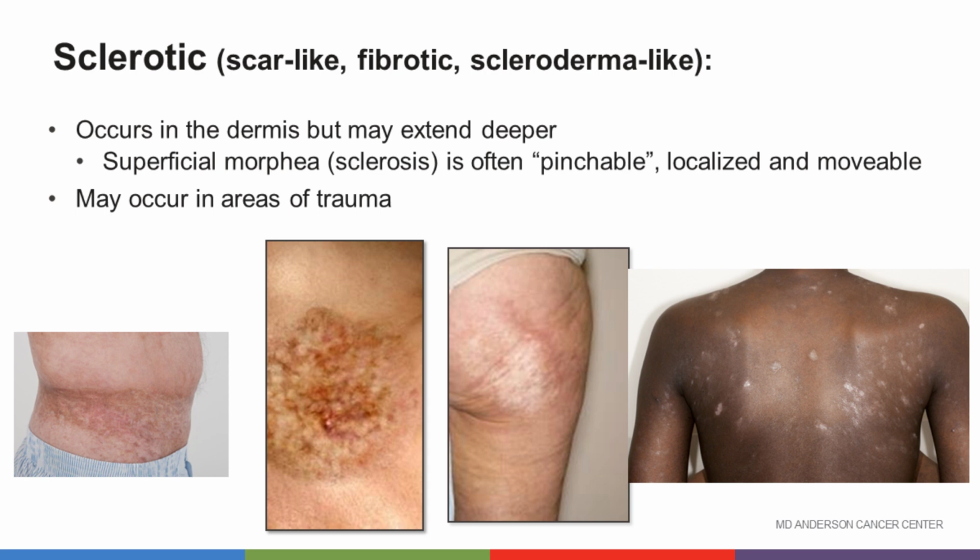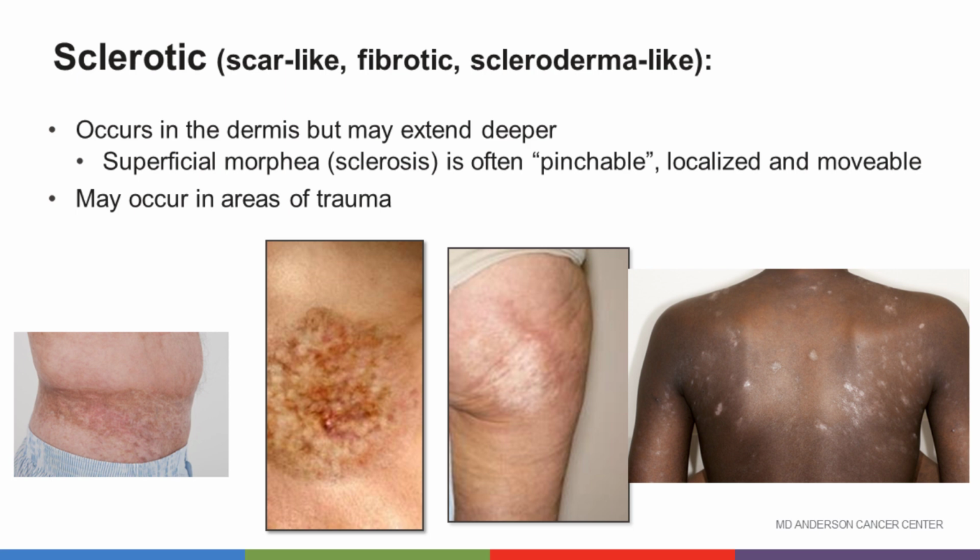So the patient on the left has a superficial sclerosis where the waistband was. The second patient has a superficial sclerosis where they had a line. The third patient over shows superficial sclerosis. You can move that skin over the overlying tissue and an area of trauma.